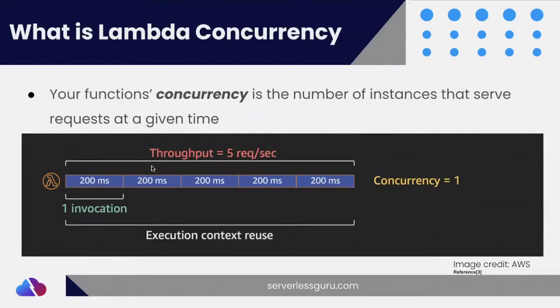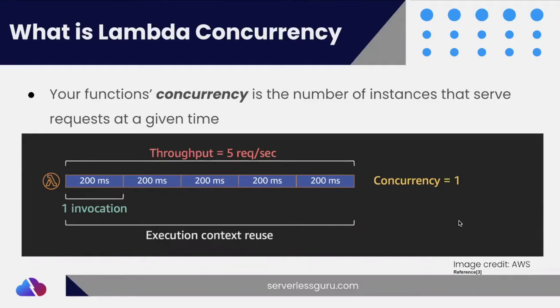If it can process a request in 200 milliseconds, that particular container can serve 5 requests in a second. So the throughput of the function will be 5, and the concurrency of that particular function will be 1.